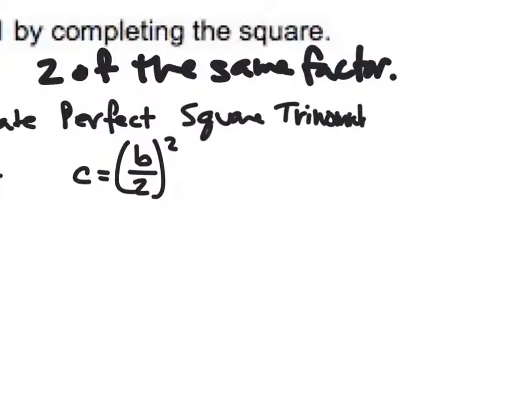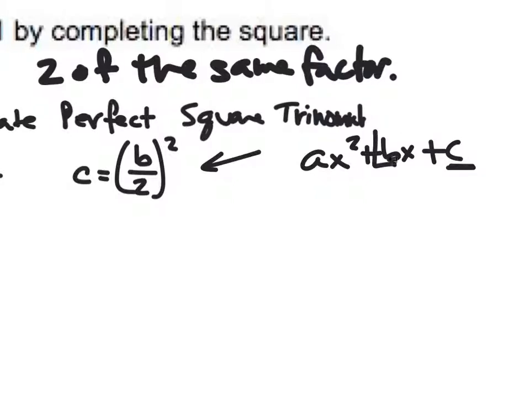And this comes from something of the form ax squared plus bx plus c, okay? So the value c, in order for this to be a perfect square trinomial, we take our middle term, we divide it by 2, and then we square it.